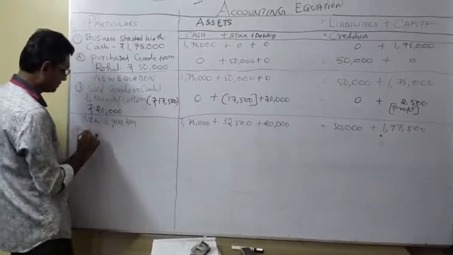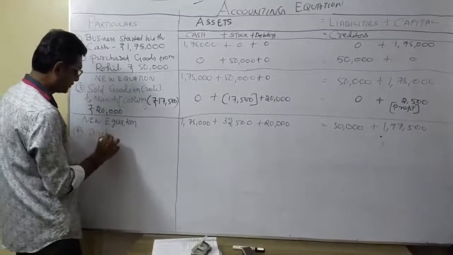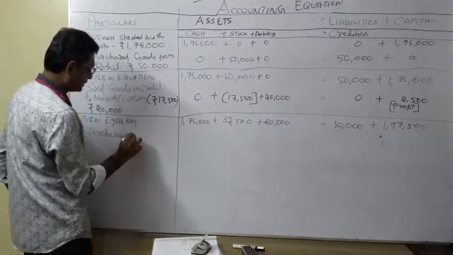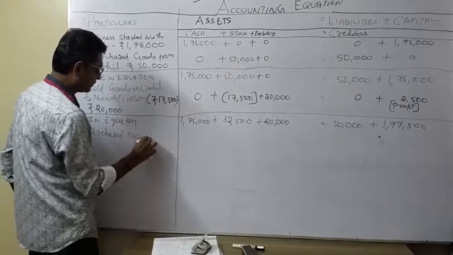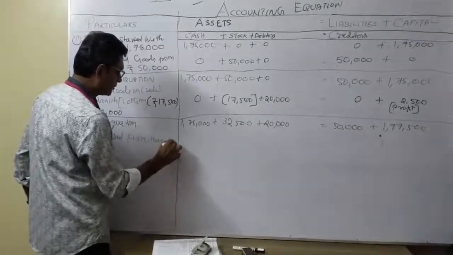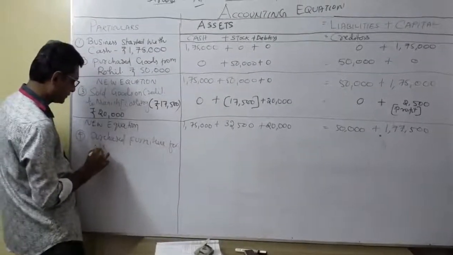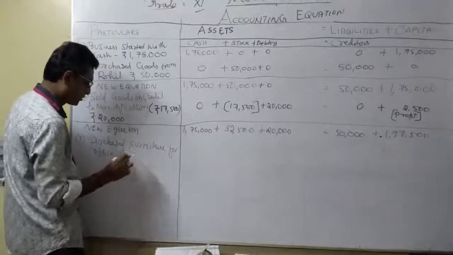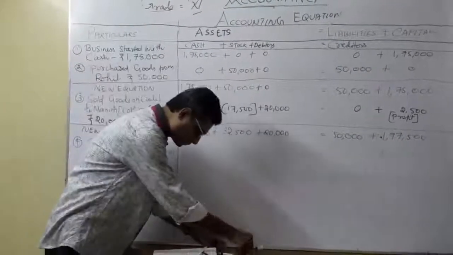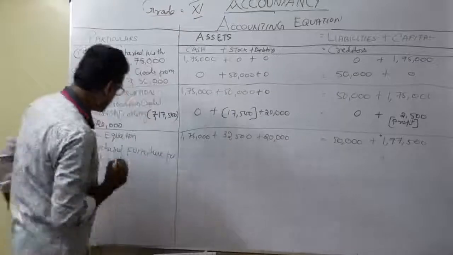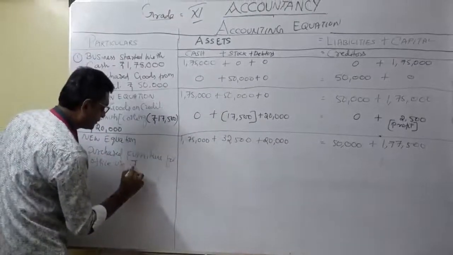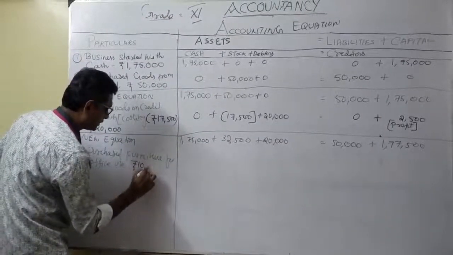See, purchased furniture for office use. Okay, so how much? 10,000. So now I am writing 10,000.